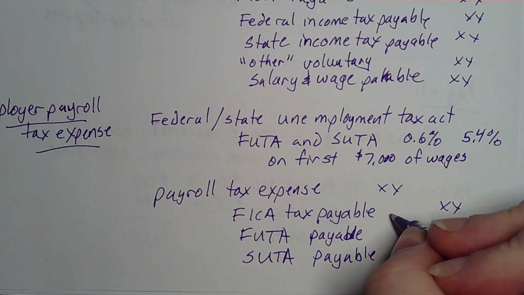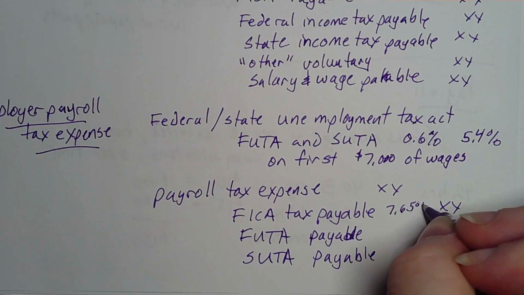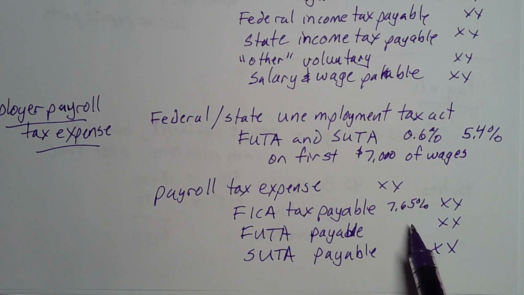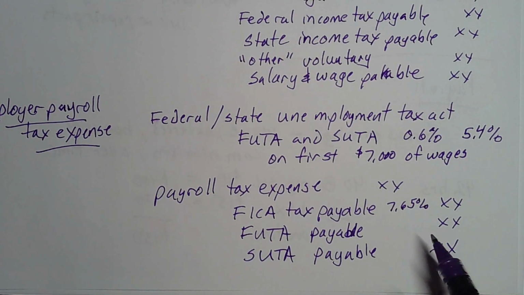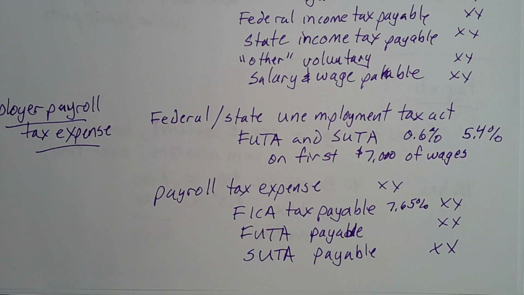Whatever the employee paid, the employer not only remits the employee's part, but adds on a matching amount from the employer. So it ends up being 15.3% in total that goes to the government, half from the employer and half from the employee.